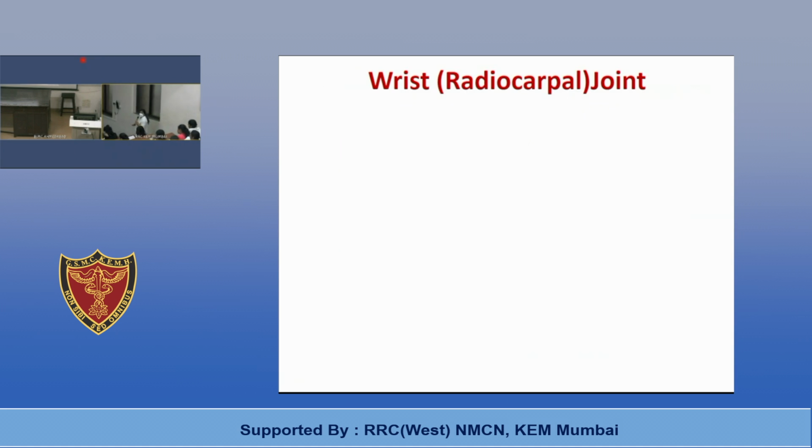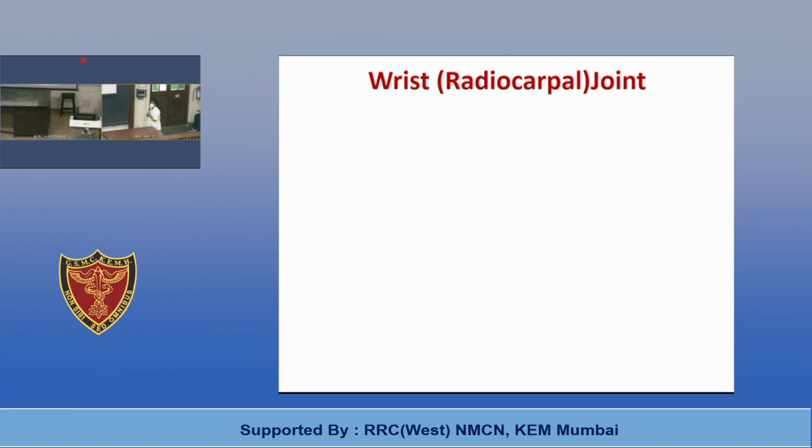Okay, coming to the wrist joint. What type of joint is it? Gliding? What type of joint is the wrist joint? Ellipsoid variety of synovial joint.